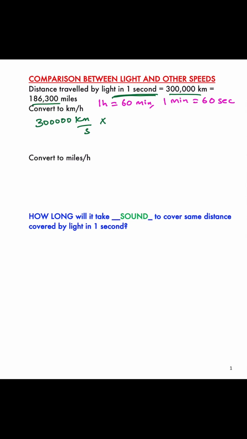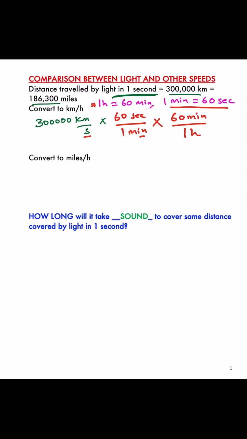So to start with, we want this second to cancel, so we're going to use 60 seconds divided by 1 minute, and then times, now we want the minute to cancel, and therefore we use this second part. So it will be 60 minutes per hour, so over 1 hour.